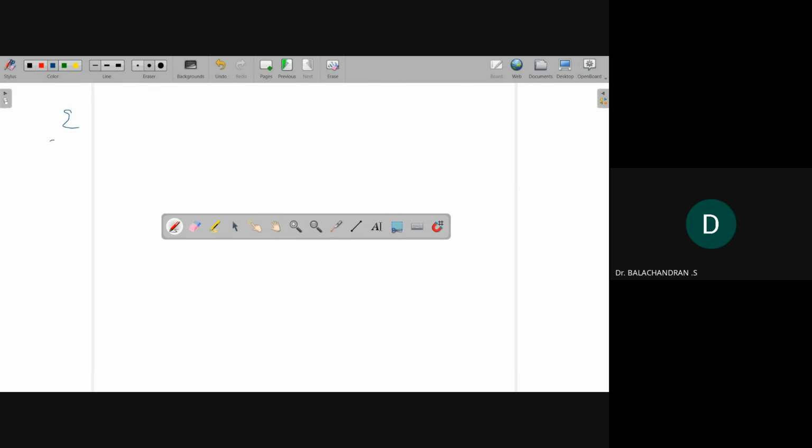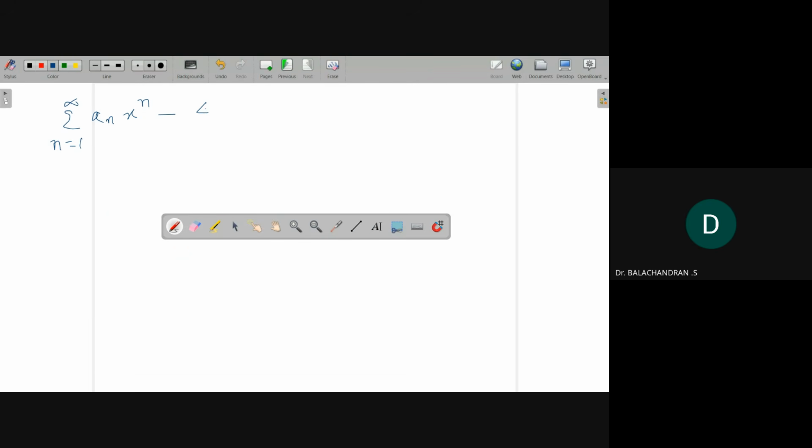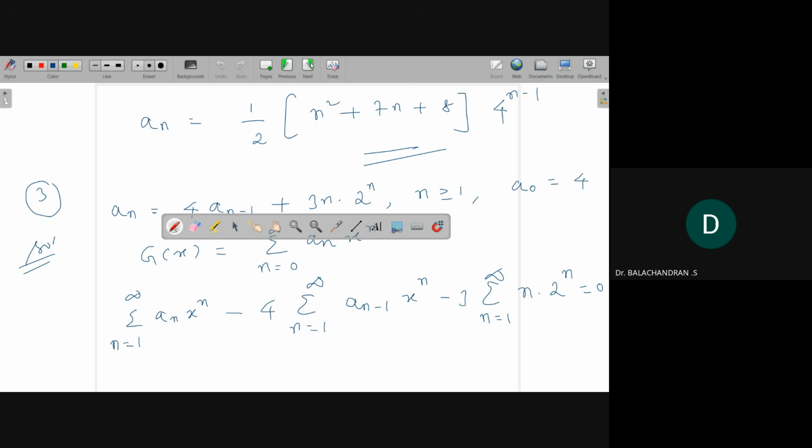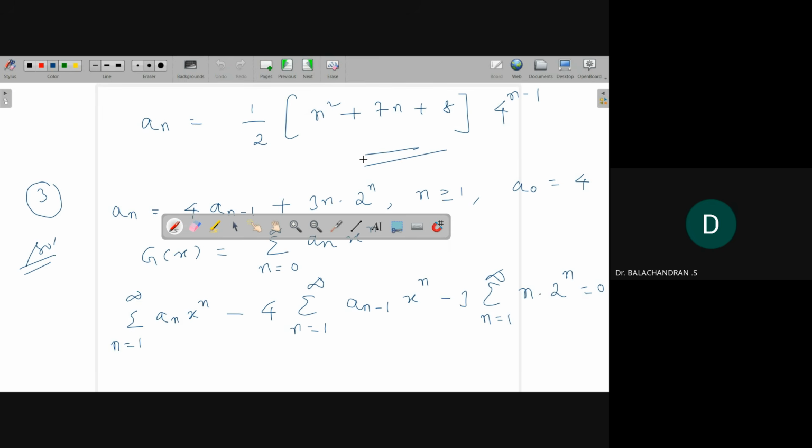Summation n equal to 1 to infinity a_n x power n minus 4x summation n equal to 1 to infinity a_n minus 1 into x power n minus 1. Okay, minus 3 into, n is starting from 1.